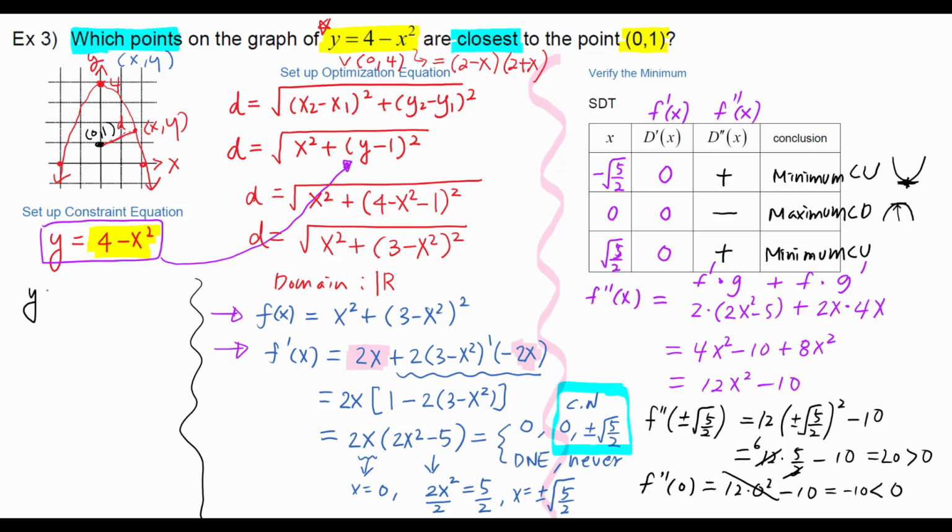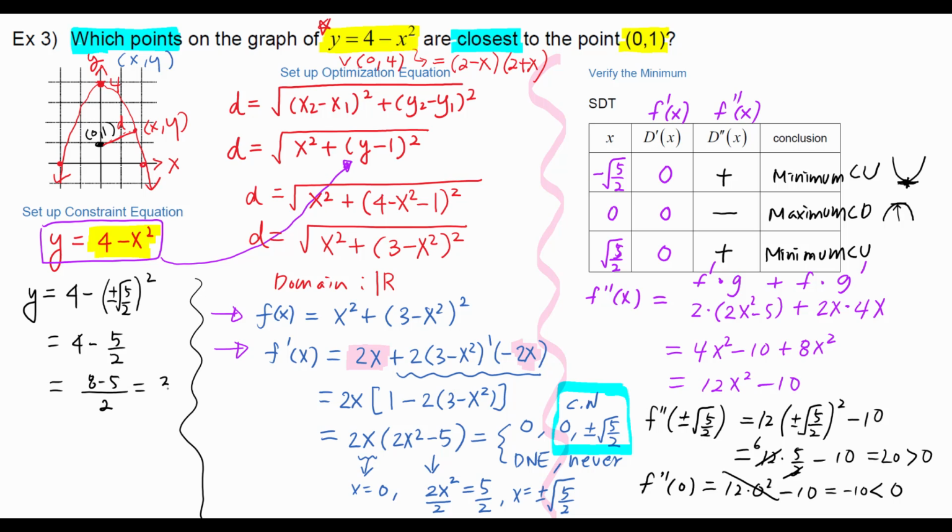And y is equal to 4 minus, my x is plus or minus radical 5 over 2. But again, when I square it, it's going to become positive for both. So let's use it at the same time. Then I get 4 minus 5 over 2. So that will be 8 minus 5 over 2.